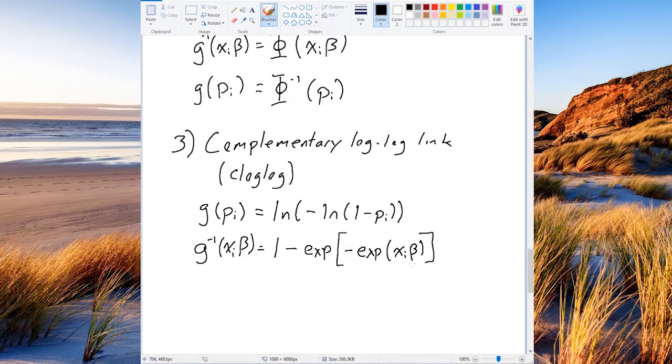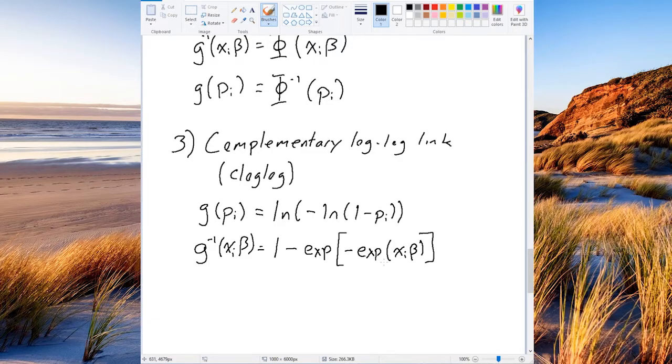Now, obviously, x beta is going to mean something a little different in each of these models. One of the reasons we like the logistic model is that x beta is most interpretable in the logistic model. And I'll talk about that in another lecture at some point. But the betas that you're estimating under the logit, the probit, and the complementary log-log link models are going to be different in every case.